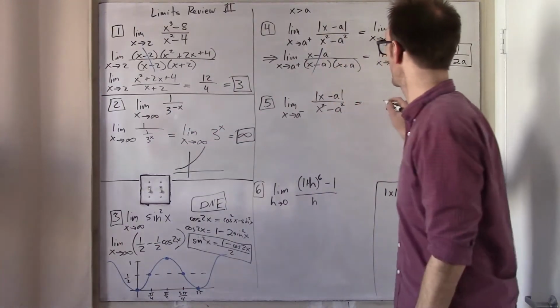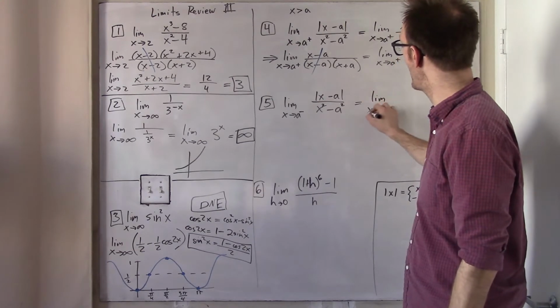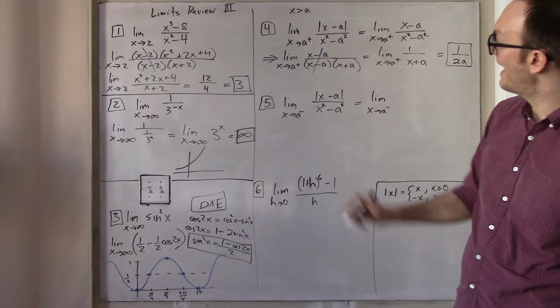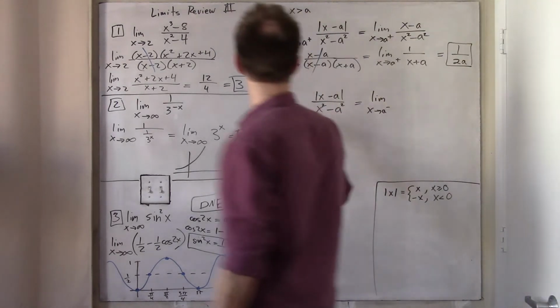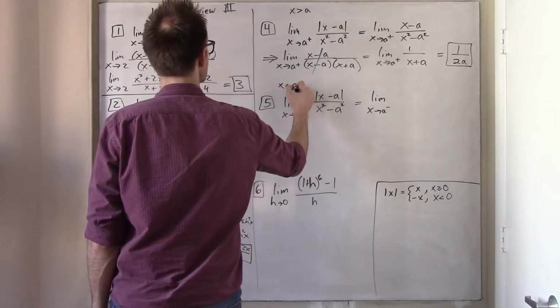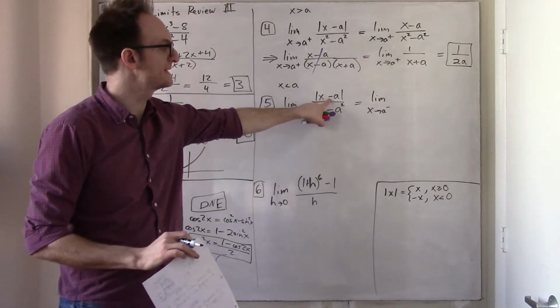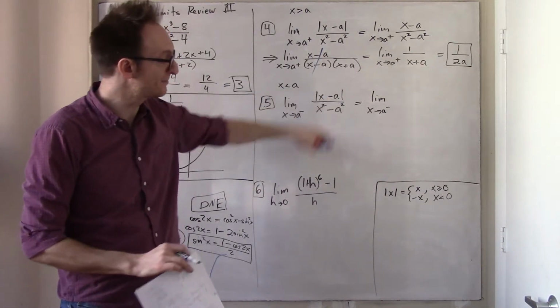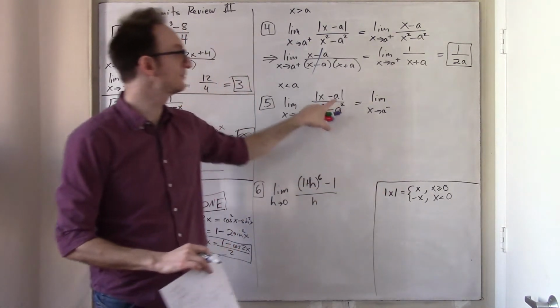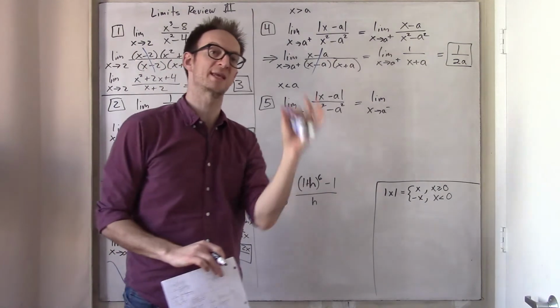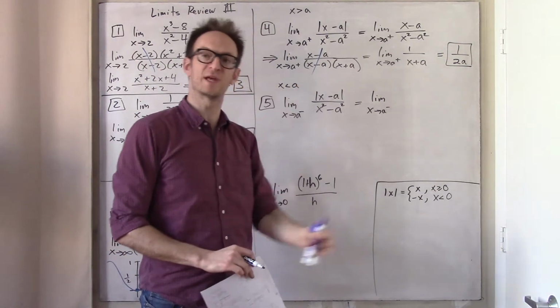So, okay, if I'm approaching a from the left, then I have to recognize that x is always going to be a little bit less than a. And if x is always a little bit less than a, then x minus a will be negative. If x minus a is negative, then by the definition of absolute value, the absolute value of something negative is the opposite of that negative thing.